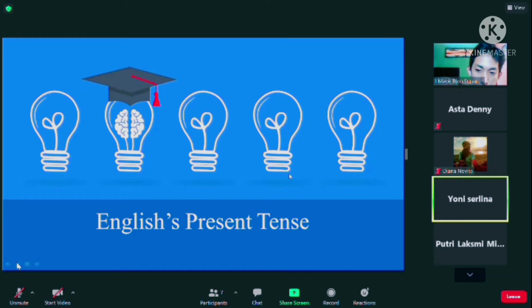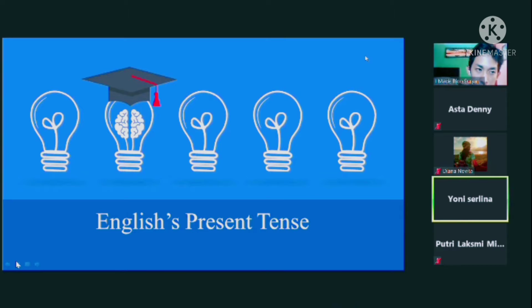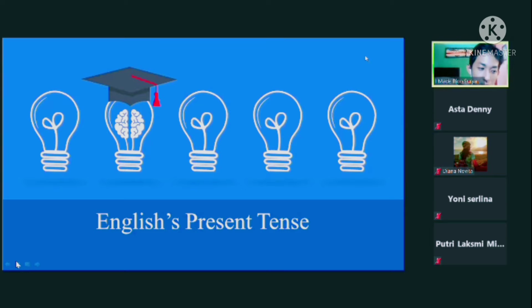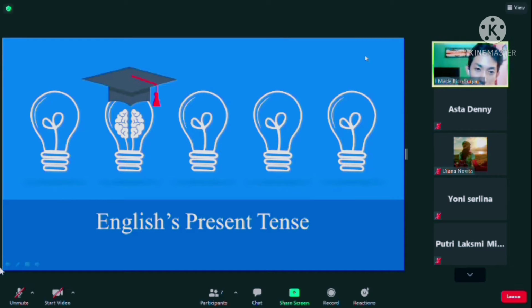I think present tense is about the time that is happening now. Okay, thank you so much, Yoni Sarina. You have mentioned the definition of the English present tense itself. So, do you know about the sub main points in English present tense?